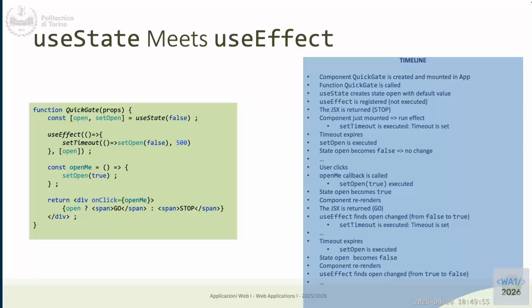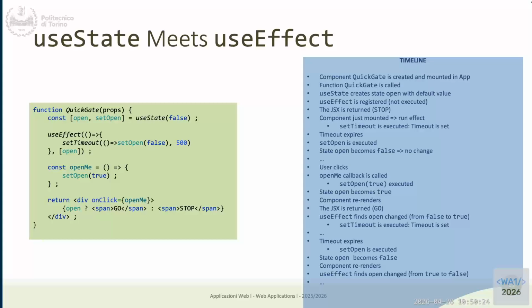But there was already a timeout from time 0 that was triggered at the component mounting time that should close the gate at 500. So there's a small window in which when the user clicks from, for example, at time 250 milliseconds, the gate will be closed at 500. Not at 750, because it's the timeout that we set at the component mount time.